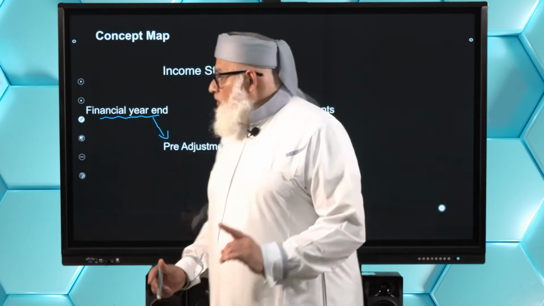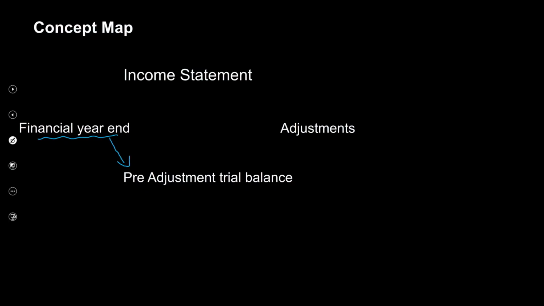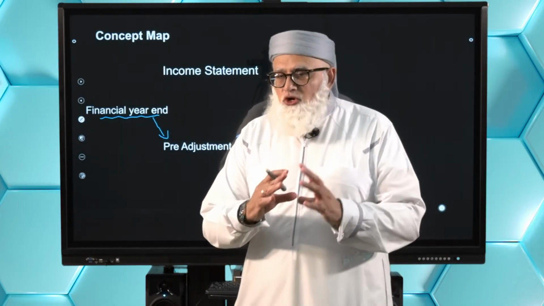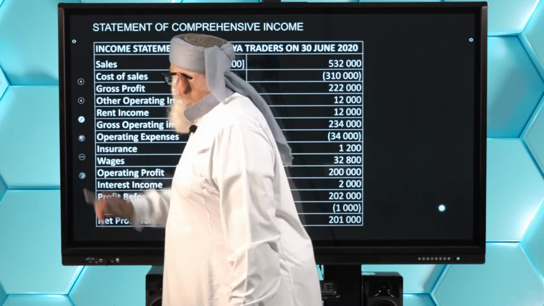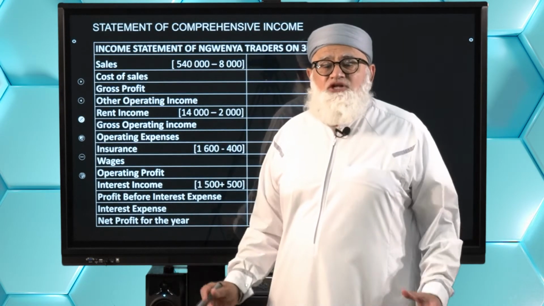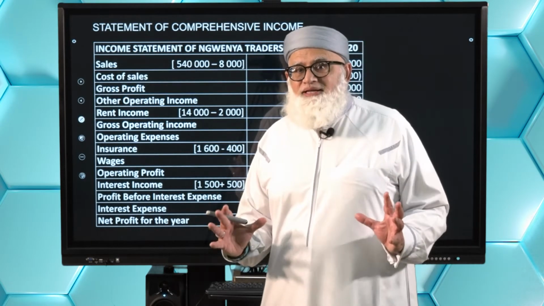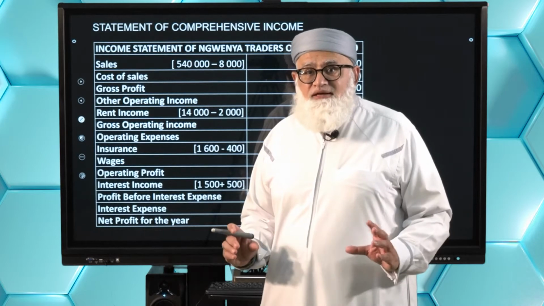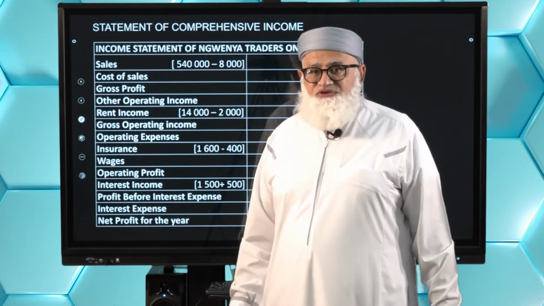Okay, so from your pre-adjustment trial balance, you now move on to your adjustments, right? Now that's what's going to be our focus. But before we go there, let us look and see what does a statement of comprehensive income actually look like. Let's look at the format so that you understand exactly how to go about completing a statement of comprehensive income.